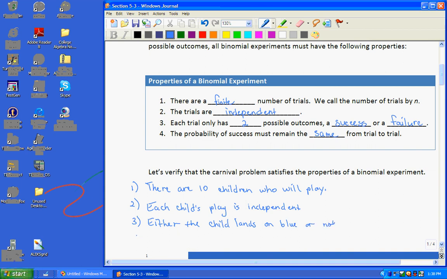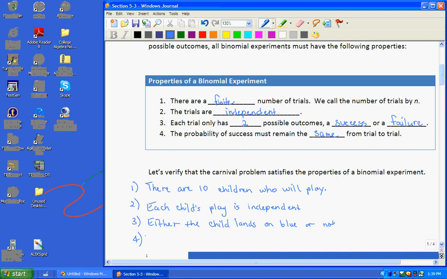And finally, 4, the probability of success is the same from trial to trial. Now here we're not depending on the child itself, meaning whether it's an older kid versus a younger kid, or someone who has experience throwing darts versus someone who's a complete novice. We're not basing it on that. The probability of success, meaning the board is going to stay exactly the same for every kid. 20% of the dartboard area is blue, and they all have the same probability of making it into the blue area.